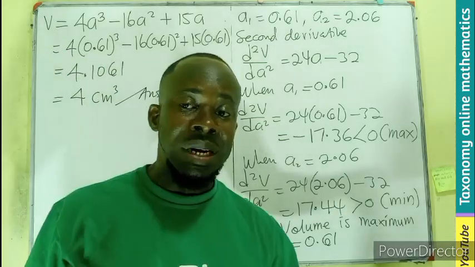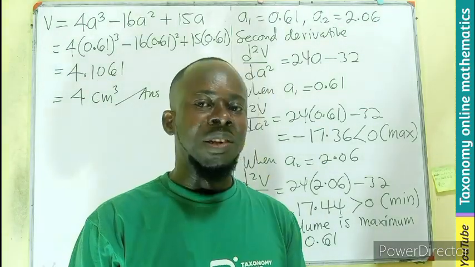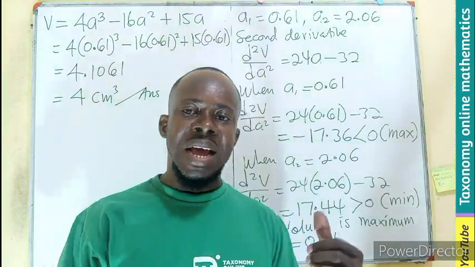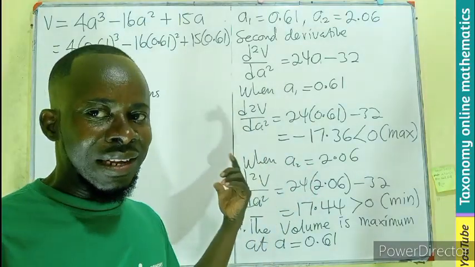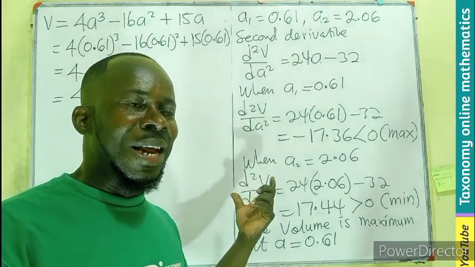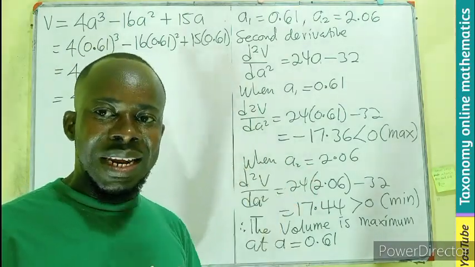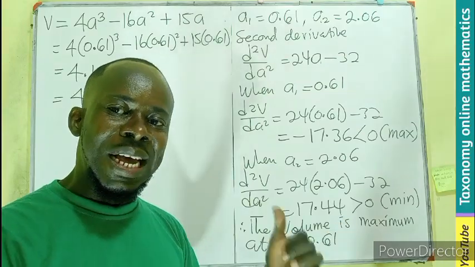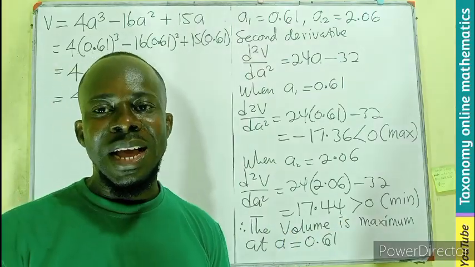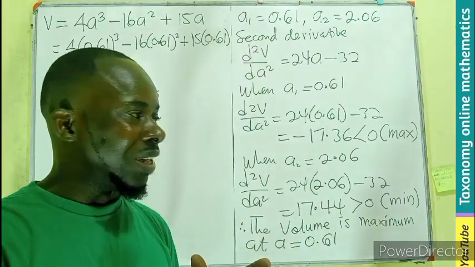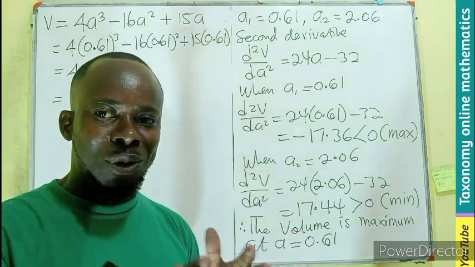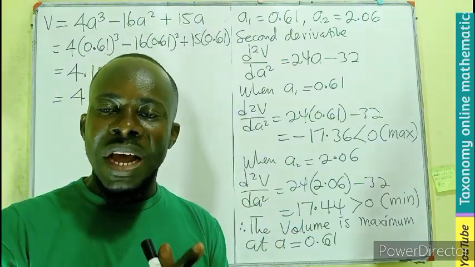So that's the maximum volume. Anyway, that will be the maximum volume that the open box can accommodate: 4 centimeter cube. I believe you get the concept. A bit longer, but I'm sure if you take your time, you understood every bit of it.